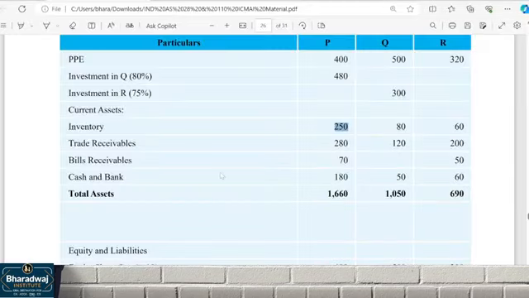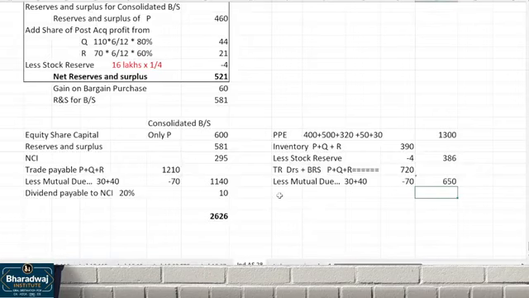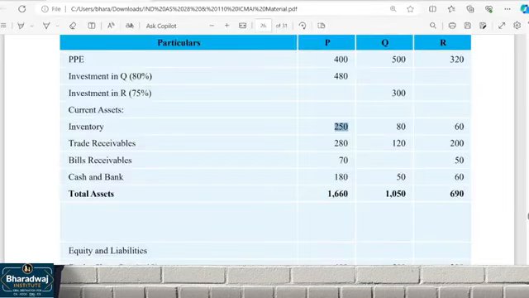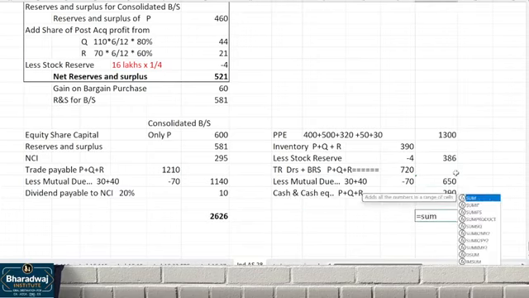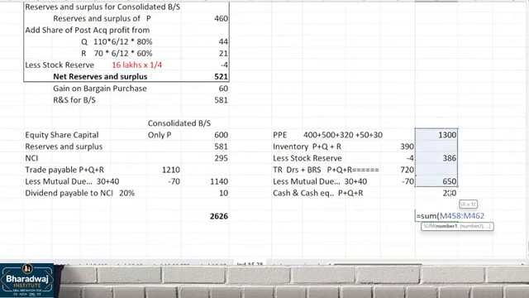Then what is the next one? Cash and cash equivalents. P plus Q plus R. What is the cash and cash equivalents of P plus Q plus R? Add up.